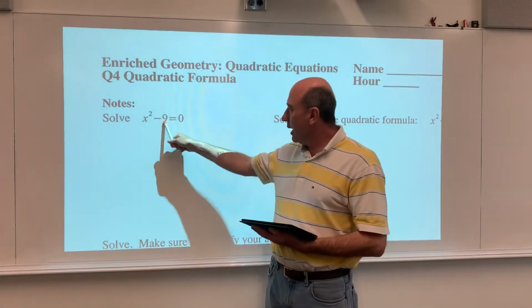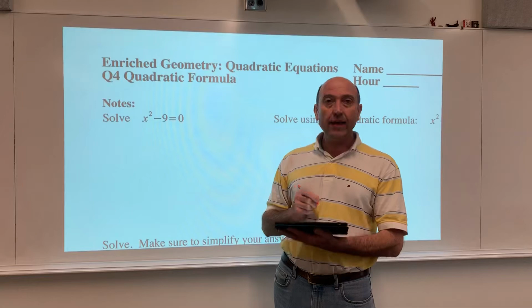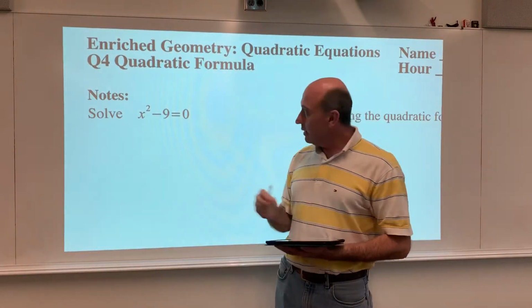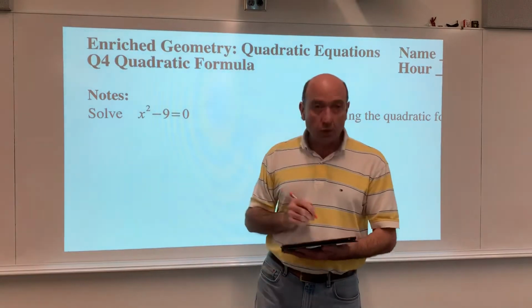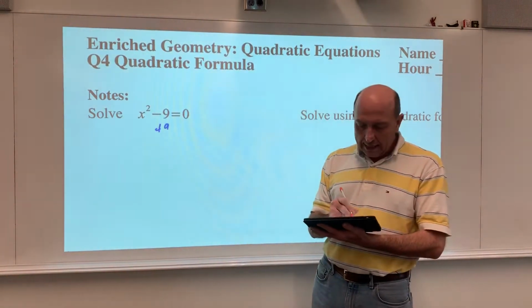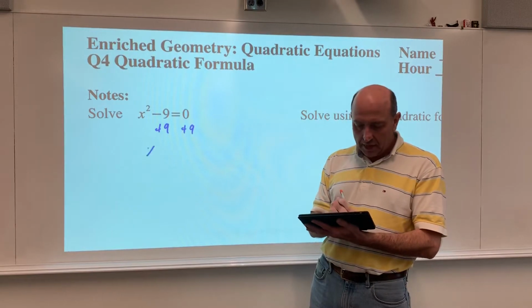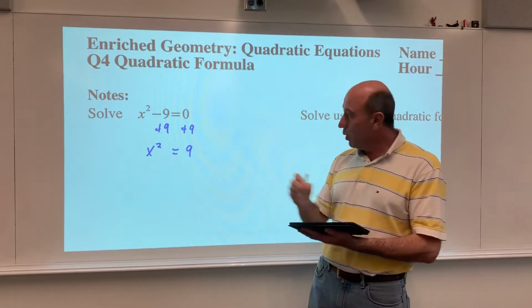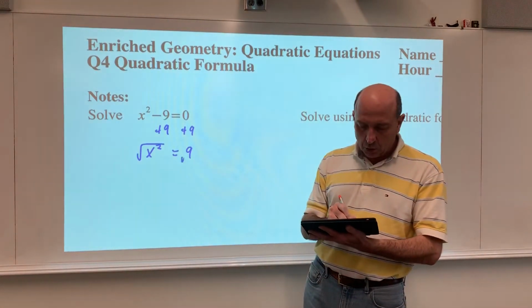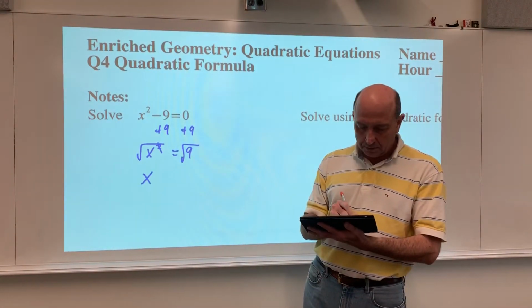Solve x squared minus 9 equals 0. Well, I think I can do that. That was from the last worksheet. If there's no x term, you can just take the square root of both sides, but we don't want it right now. We want to add 9 first, and then, once the thing that's squared is by itself, we will take the square root of both sides.